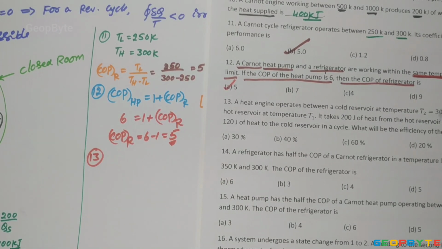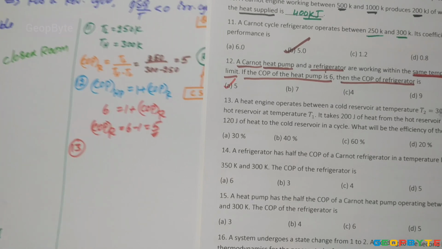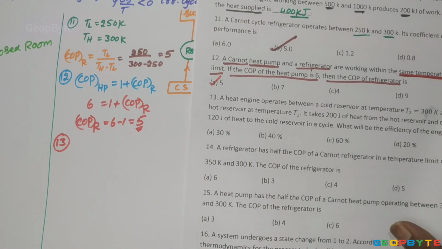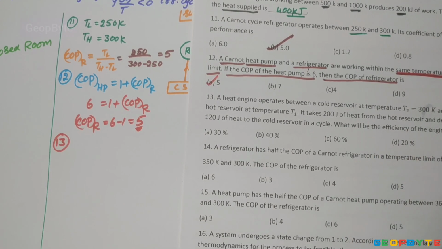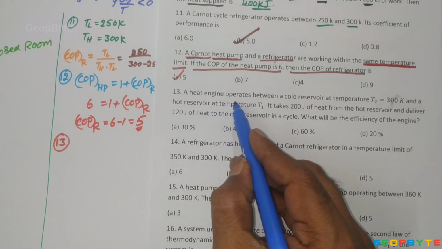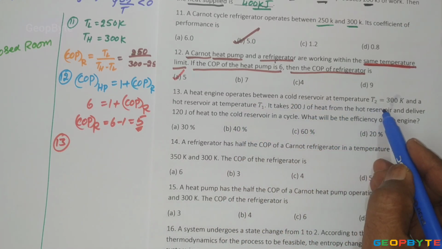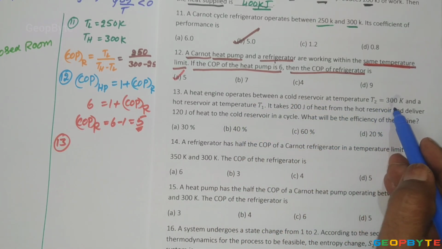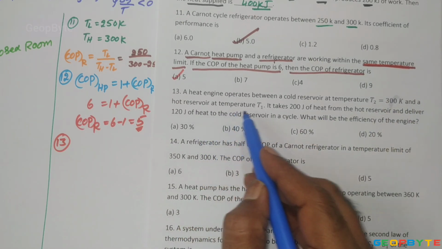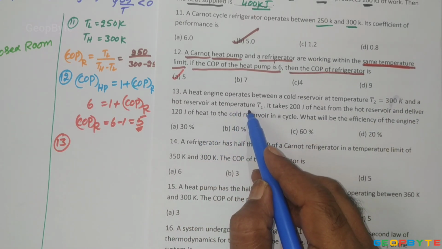13th problem is a heat engine operates between a cold reservoir at T2 equal to 300 Kelvin and the hot reservoir at T1.